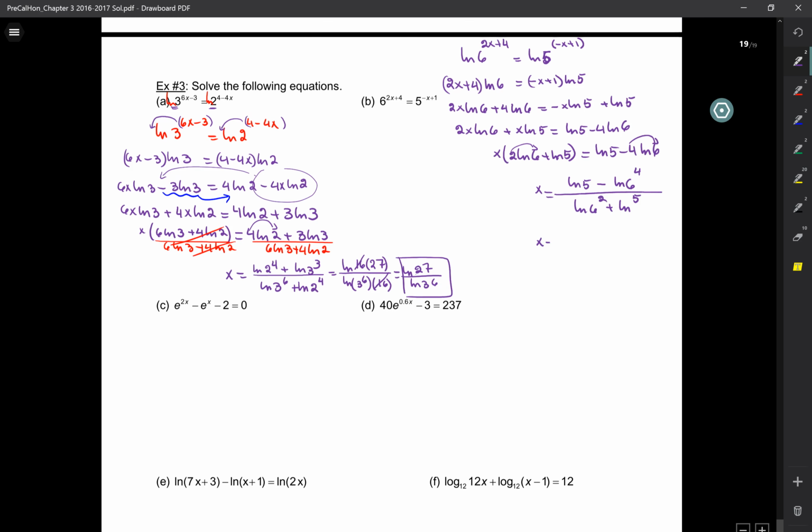Condensing even more, x equals ln of 5 over 6 to the 4 over ln of 6 squared is 36 times 5.